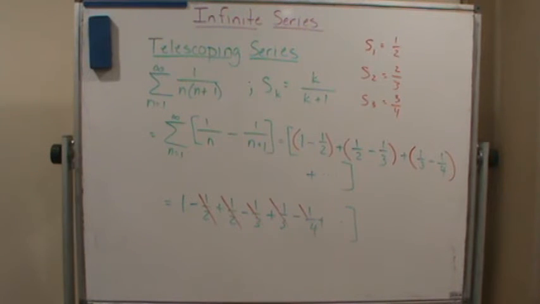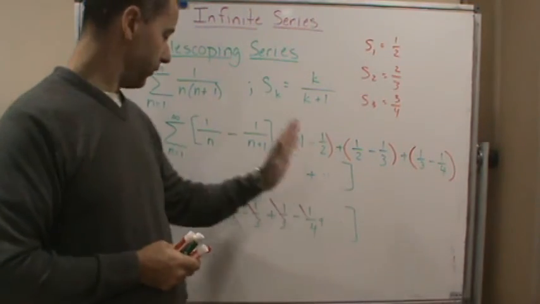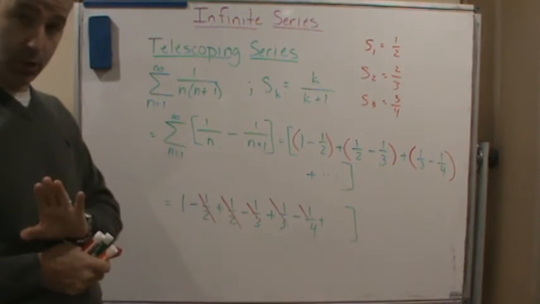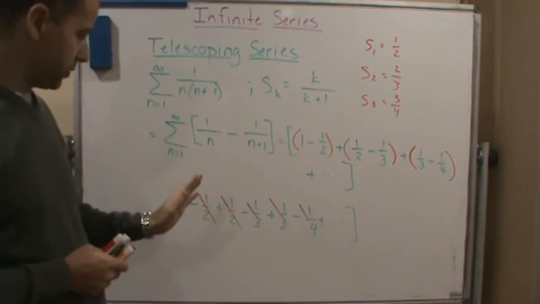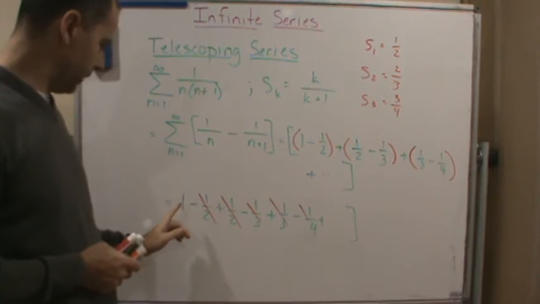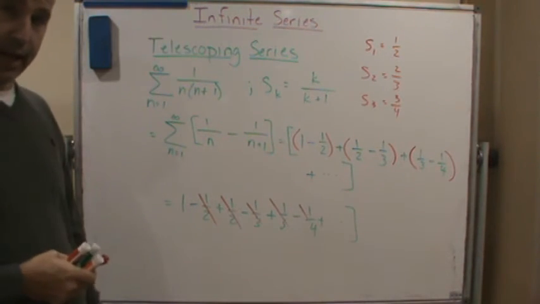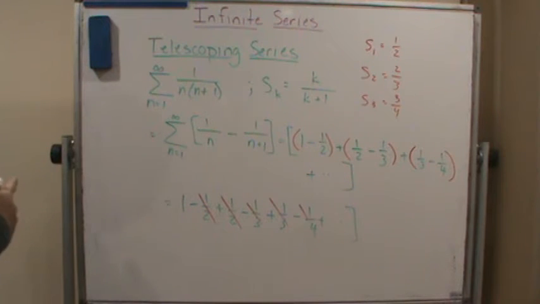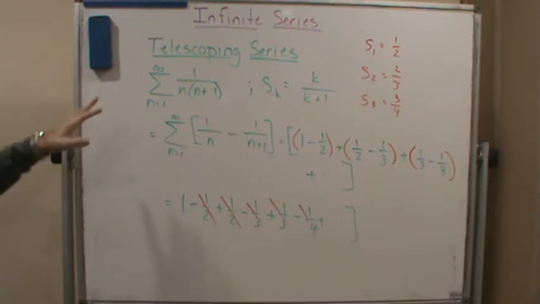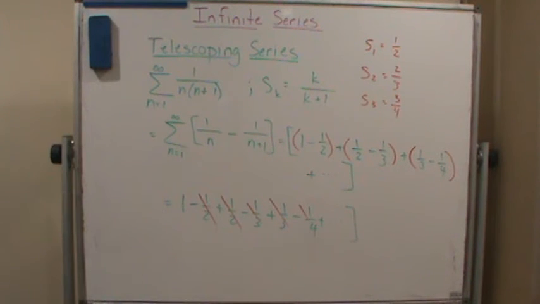It goes on for infinity, but any partial sum is going to stop somewhere, and so it's going to be the first term and the last term. All the middle terms cancel out. We've seen that before, right? Now we can see it more clearly because of the way we're writing this, but the same thing happened when we were looking at this before.